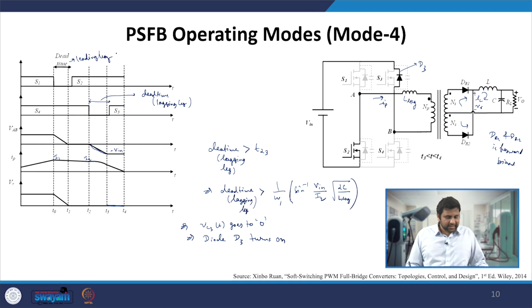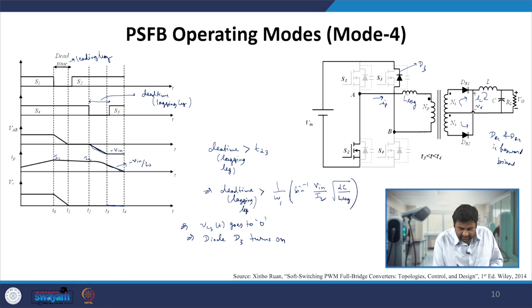So what we are getting is, here Vin is there, and this Vin is appearing across this, and since this IP is no longer equal to IL, DR1 and DR2 are forward biased, that is when you will see 0 voltage appearing across here, and this VAB will only be appearing across this L leakage. Because of this, this IL is falling linearly with a slope of minus Vin by L leakage.